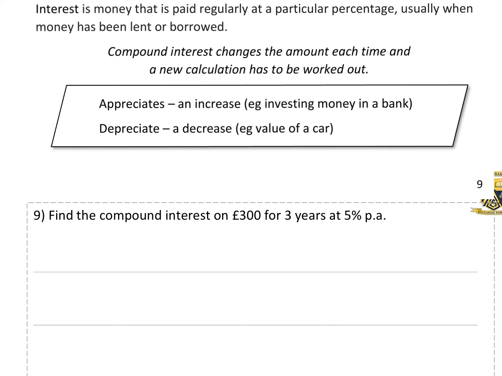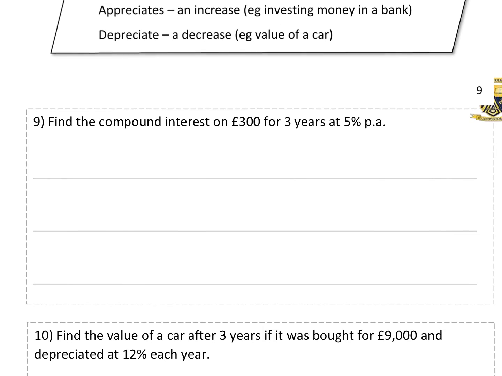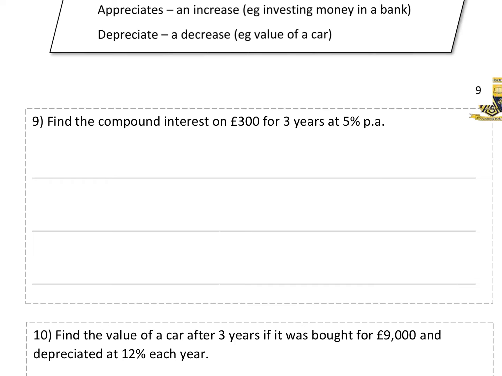Example 9. Pause the video and have a go if you think you know what you're doing. In example 9, we have £3,000 and it's going to earn compound interest for 3 years at 5% PA. PA represents per annum, basically means annually, every year.